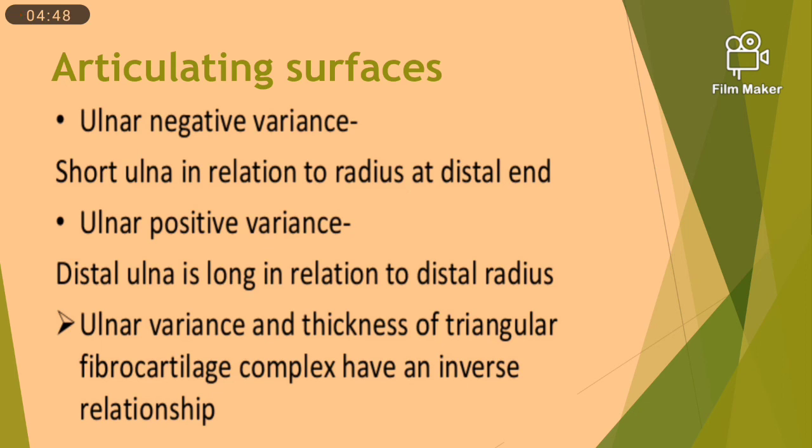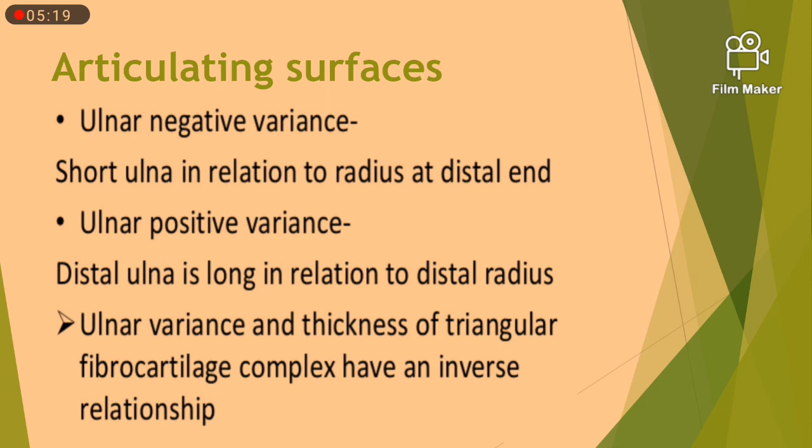Now, the articulating surface, ulnar variance. Ulna negative variance means a short ulna in relation to the radius at the distal end. Ulna positive variance means the distal ulna is long in relation to the distal radius. Ulnar variance and the thickness of the triangular fibrocartilage complex have an inverse relationship.